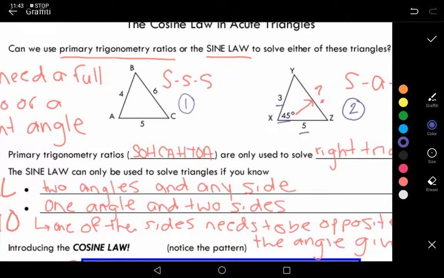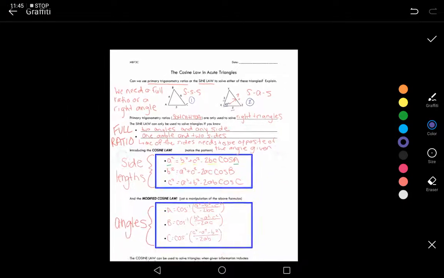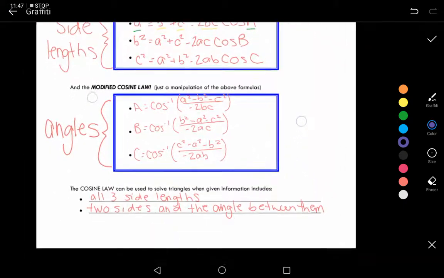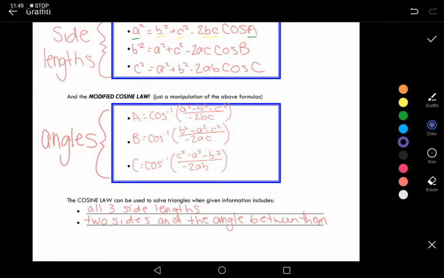We can solve both of these triangles above using the cosine law because the first one, we know all three side lengths. The second one, we know two sides and the angle between them. And just to help you remember that, like I wrote above, we would have side, angle in the middle, and the other side of that angle.